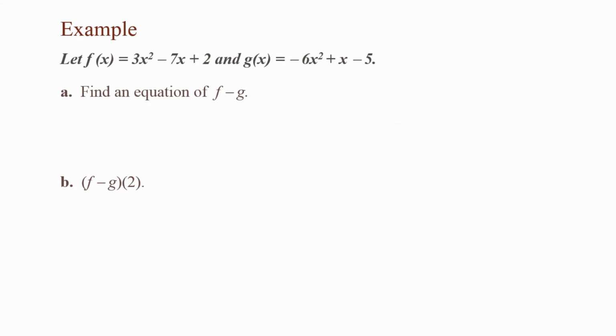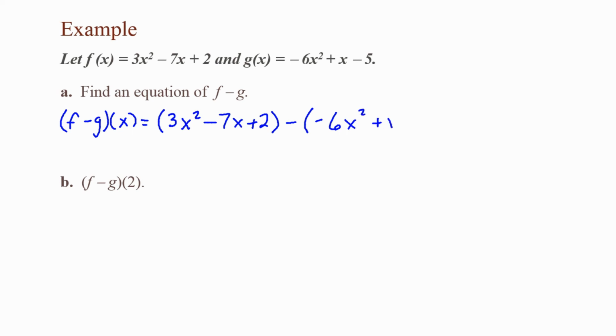In this example, using the same functions for f of x and g of x, Part A, find an equation of f minus g. f minus g of x will equal my first polynomial, which is 3x squared minus 7x plus 2, minus my second polynomial, which is negative 6x squared plus x minus 5.